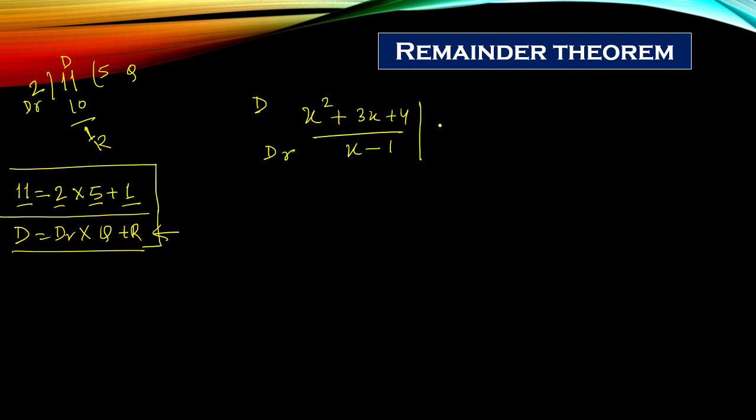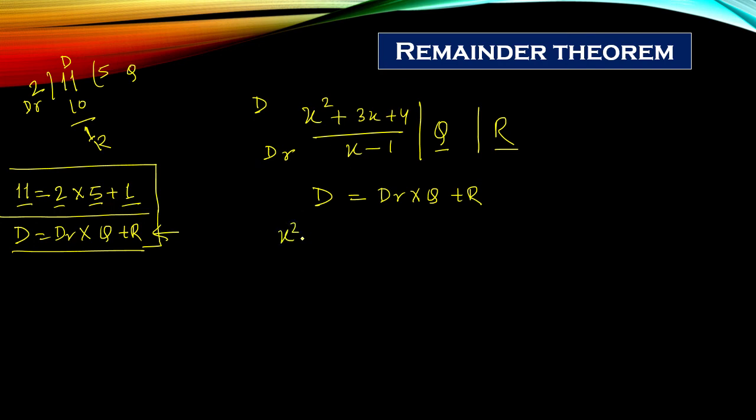Suppose we are getting the quotient q and remainder r if we divide this. So we are going to write the division algorithm again. Division algorithm says dividend is equal to divisor into quotient plus remainder. So what is dividend here?